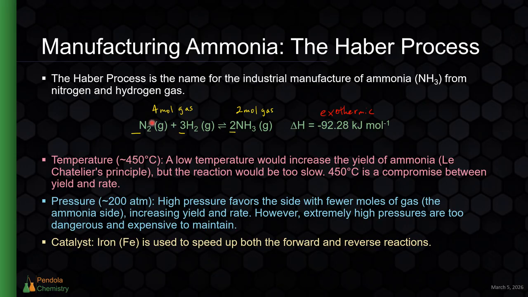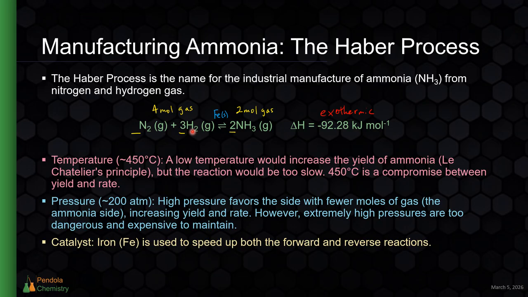Finally is the catalyst. The Haber process does have a catalyst that we can use. Solid iron, Fe solid, not ions of iron, but the elemental iron, is used to speed up both the forward and reverse reaction. Remember that in an equilibrium reaction, the catalyst speeds up both reactions, forward and reverse.